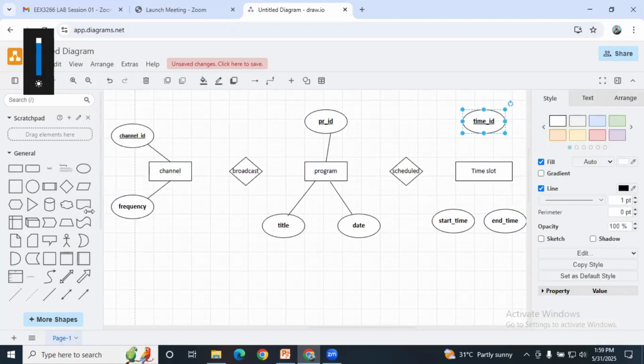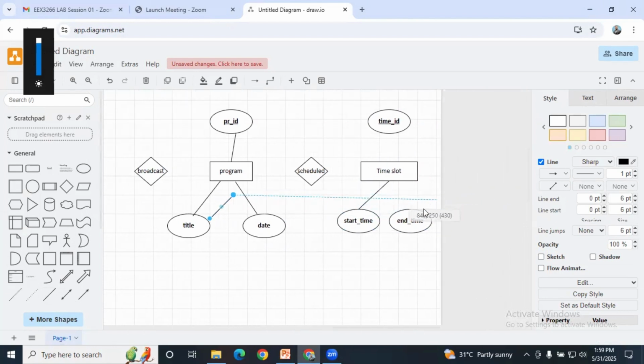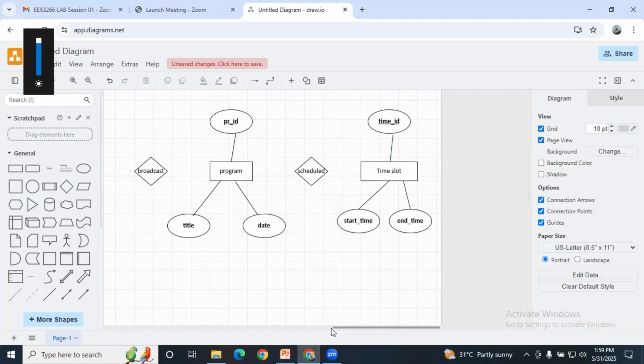And you want to assign those attributes to the correct entity. So start time, assign for the time slot, and end time, assign for the time slot, and time ID, assign for the time slot.